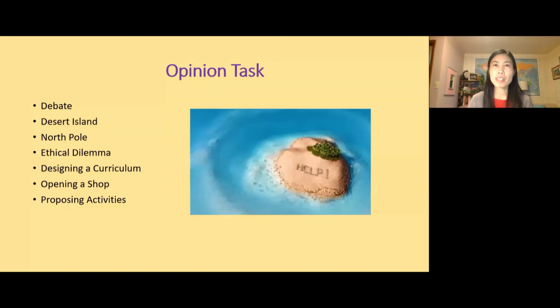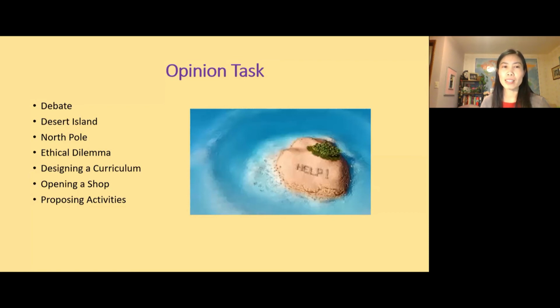There are many types of opinion tasks, and you may be familiar with all of these. Students may be asked to debate a controversial topic. They may be asked to choose what items to keep if they are stranded on a boat and they cannot keep all of them.